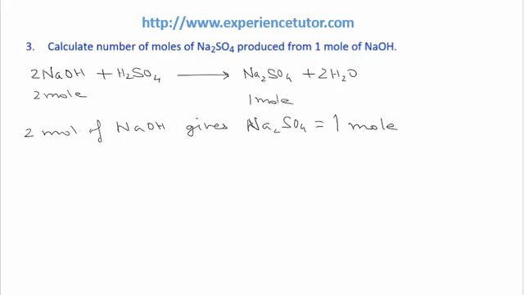Therefore, 1 mole of sodium hydroxide will give 1 upon 2 moles, that is half mole of Na2SO4.